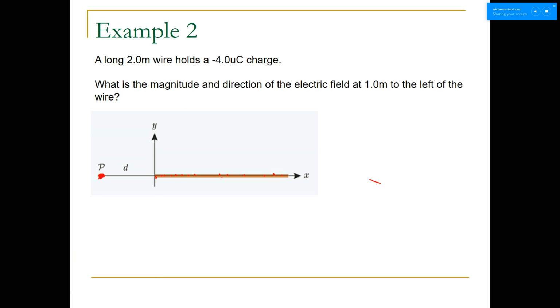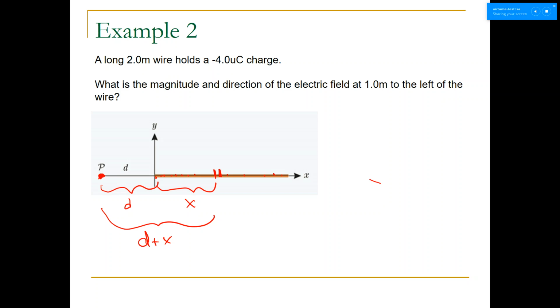If I want to find the electric field at a point right here, I need to find the distance between point P and that point. If this distance here is called D and this distance here is called X, then the total distance is D plus X. That part's simple.